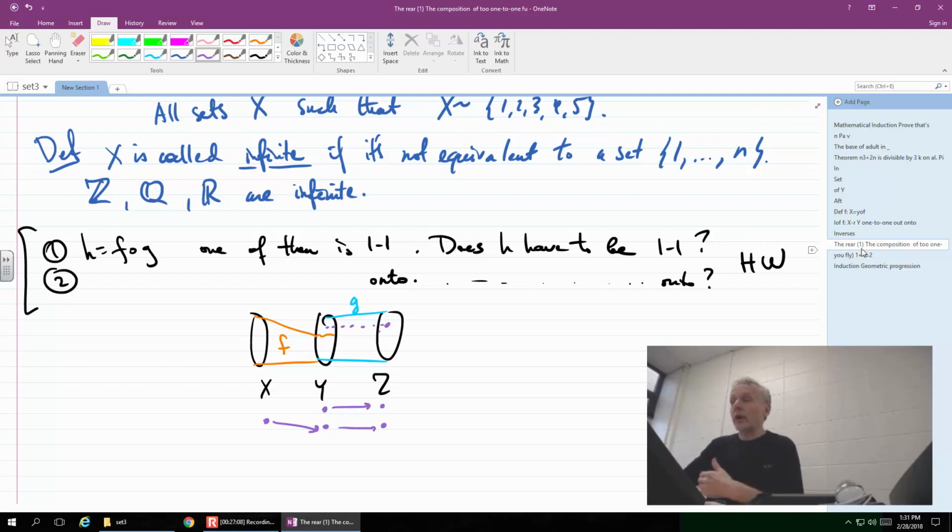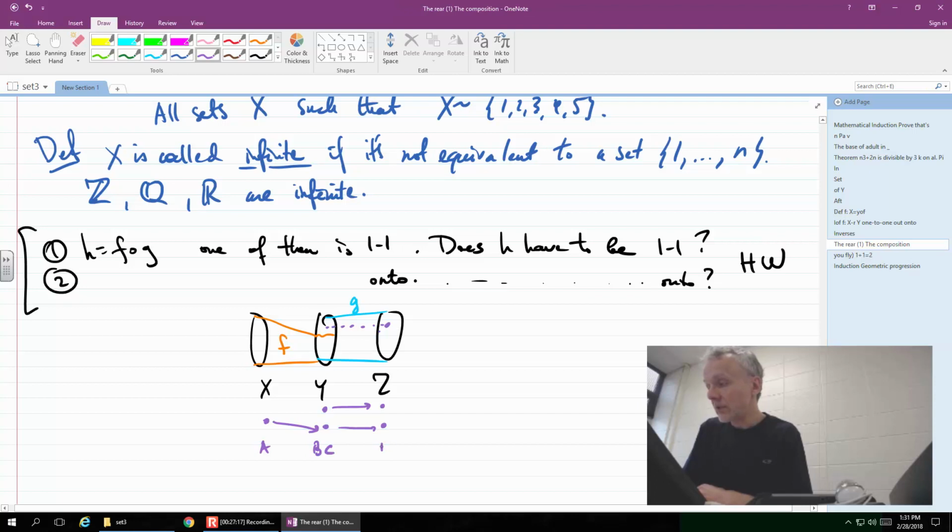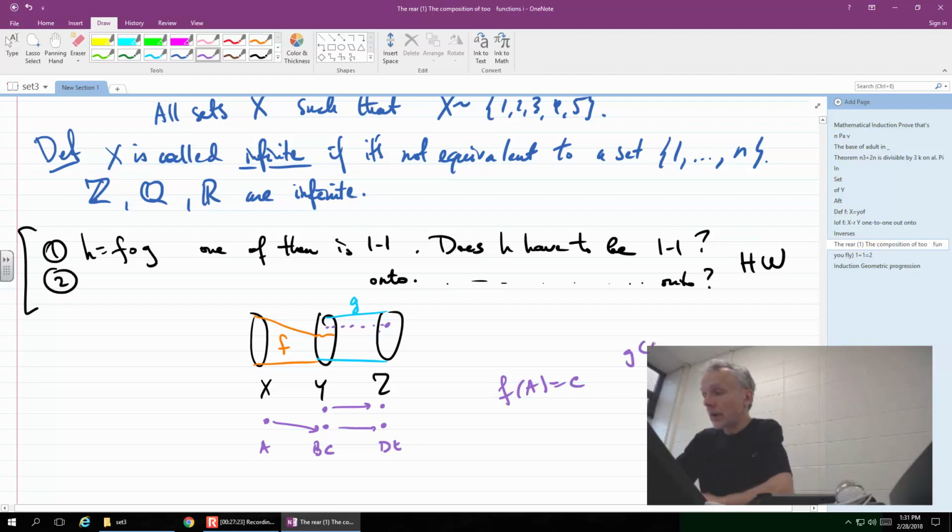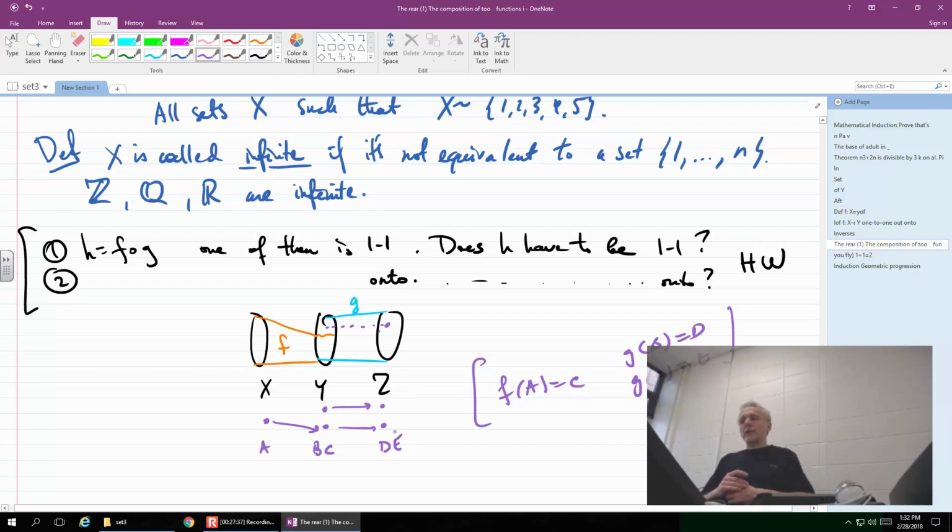So what do you do? You actually write out this is A, this is B, and C, the elements in these sets, and write out f of A is equal to C, g of B is equal to D, g of C is equal to E. With this you can demonstrate that the conclusion is incorrect very easily.